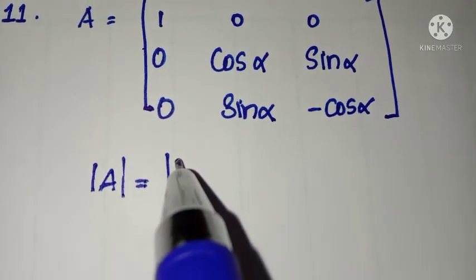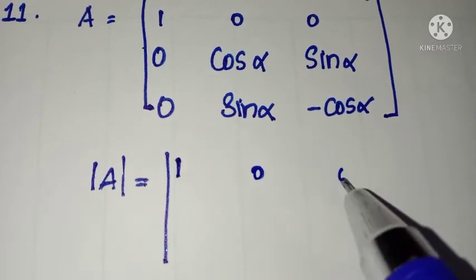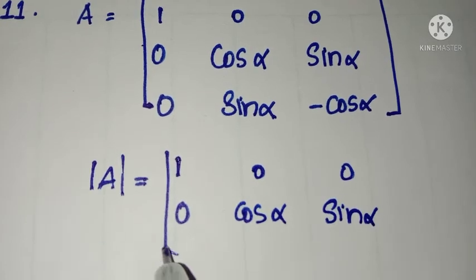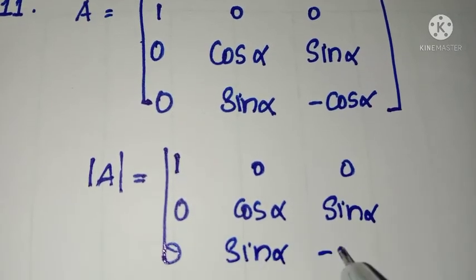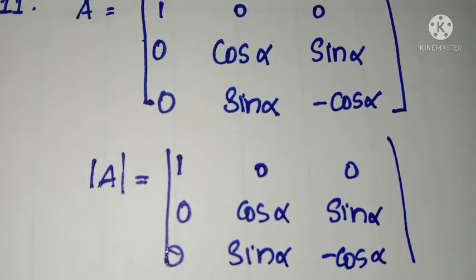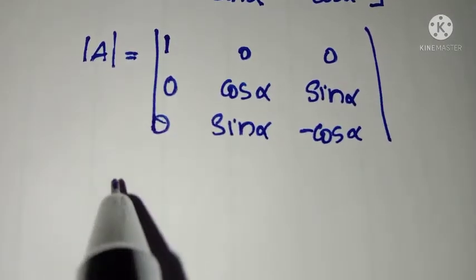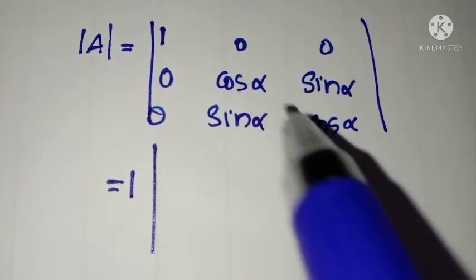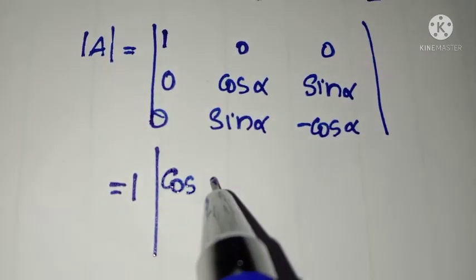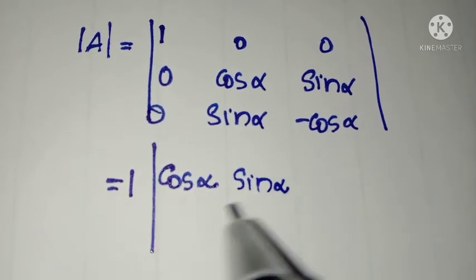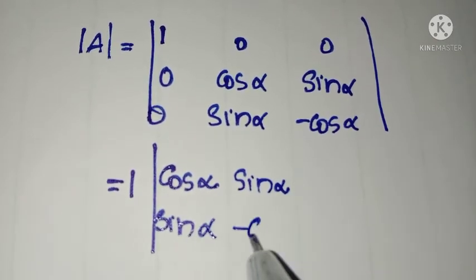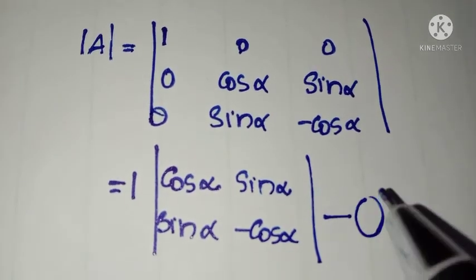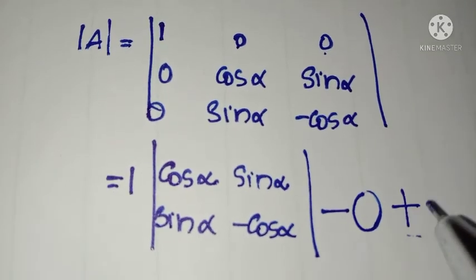Determinant of A is the determinant of [1, 0, 0; 0, cos alpha, sin alpha; 0, sin alpha, -cos alpha]. Expanding along the first row, we have 1 into, deleting the first row and first column, the remaining entries cos alpha, sin alpha, sin alpha, -cos alpha, minus 0 into, that is 0, plus 0 into, that is 0.